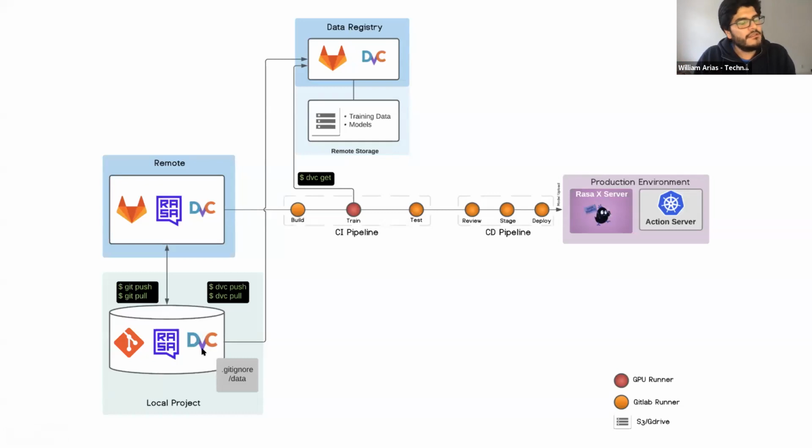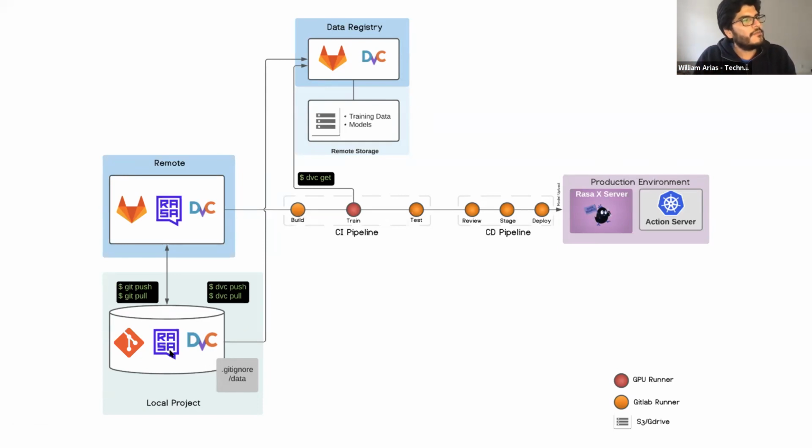You have this in your local project. What we will do now is something different: we want the data folder of Rasa to be put under data version control using DVC. Because we want to use DVC instead of Git to track the data, we add a git ignore file to ignore the data folder that comes out of the box when you run Rasa init.